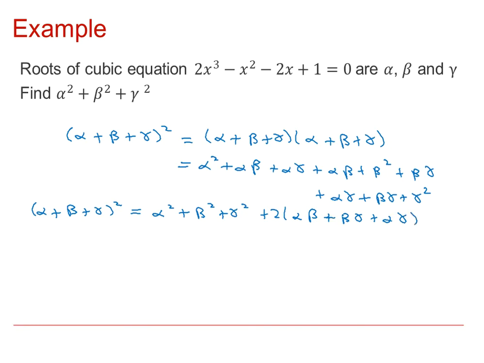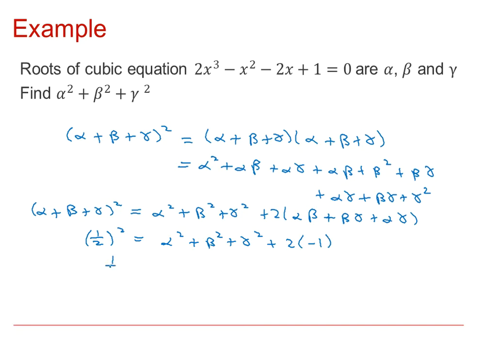So if we look at this equation that we've created algebraically, we can now think about alpha plus beta plus gamma, which is the sum of the roots on the left hand side, and we know that that is a half. We found that already. Alpha squared plus beta squared plus gamma squared is what we're trying to find out. And now we've got two lots of alpha beta plus beta gamma plus alpha gamma, and we know from the previous slide that the sum of the pairs of the roots is minus 1.